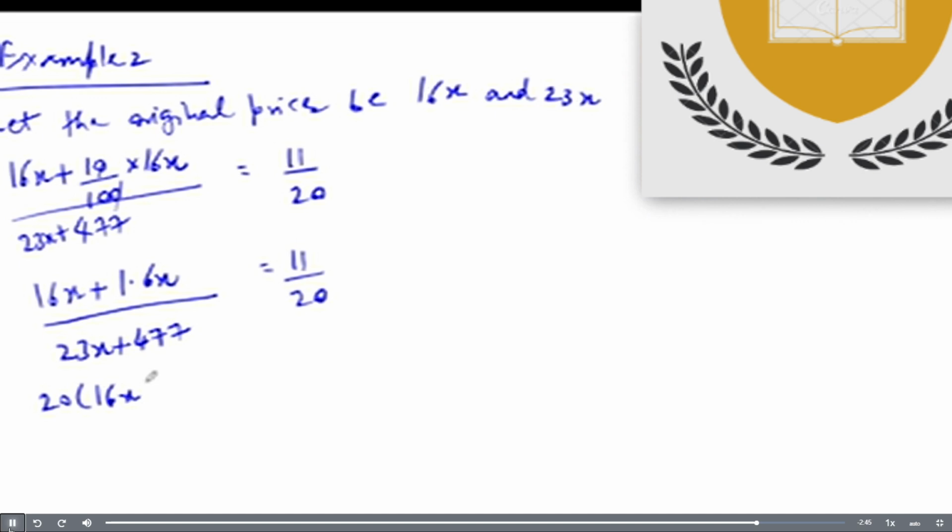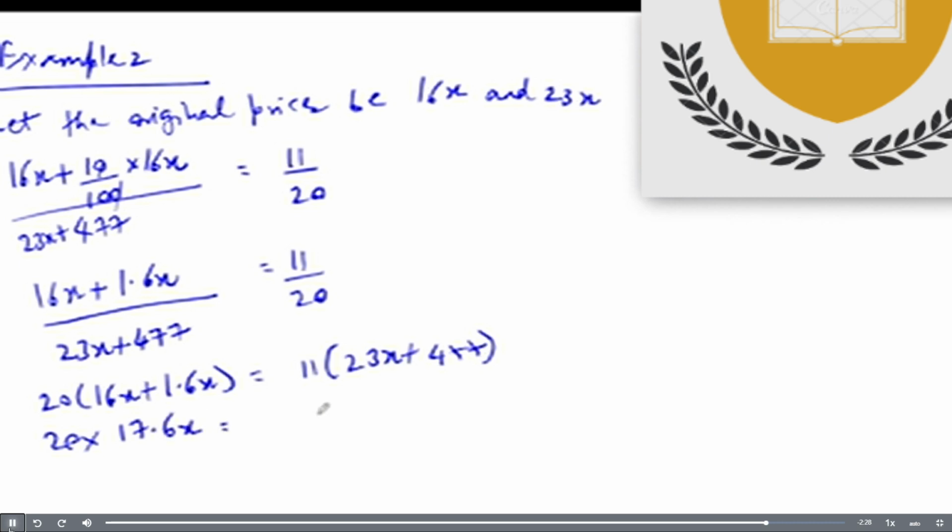20 into (16x plus 1.6x) is equal to 11 into (23x plus 477). 20 into (16 plus 1.6), which is going to be 17.6x, is equal to 11 into 23, which is 253x, plus 11 into 477, which is 5247.